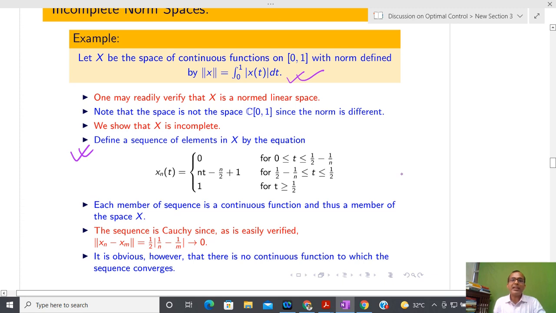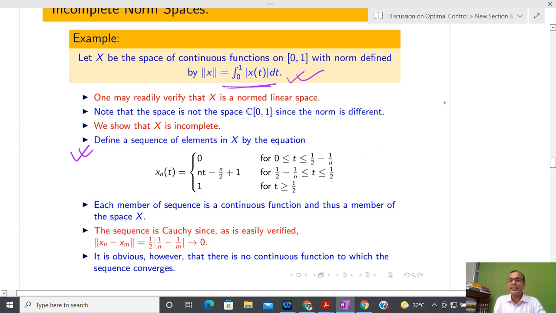So if you have continuous functions defined on the interval 0 to a, and you select this kind of norm, then you are losing the Banach space. Due to that reason this norm is not preferable.